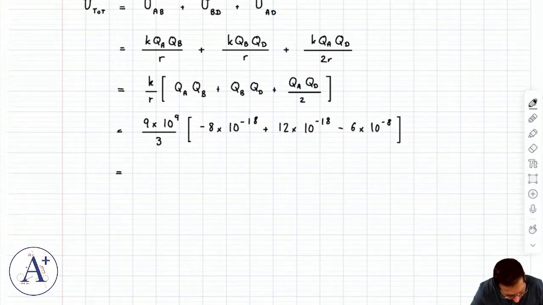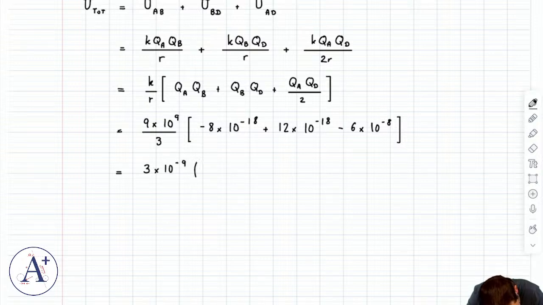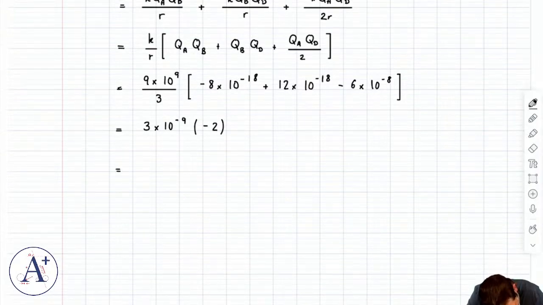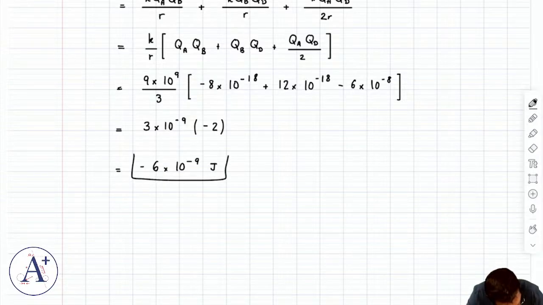All right, so this is going to be 9 over 3 is 3. If I multiply 10 to the 9 into all of this, all the 10 to the negative 18s become 10 to the negative 9, so I'm going to write 3 times 10 to the negative 9, and then it's minus 8 minus 6 plus 12. So it's minus 14 plus 12, and that's minus 2, and so this is going to be minus 6 times 10 to the negative 9 joules.